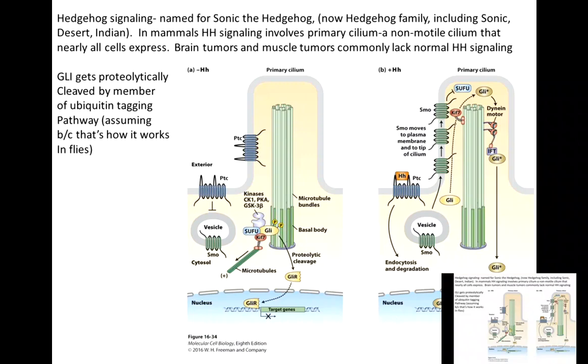But it's also true that all cells have at least one cilium, and it's called the primary cilium.